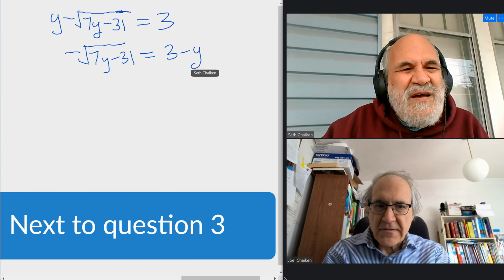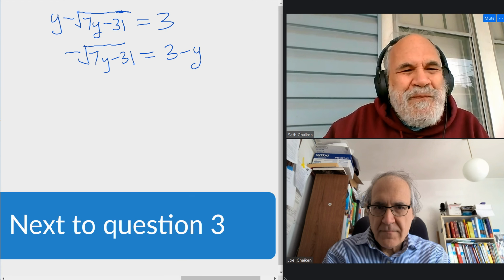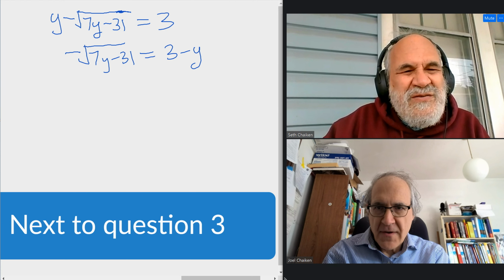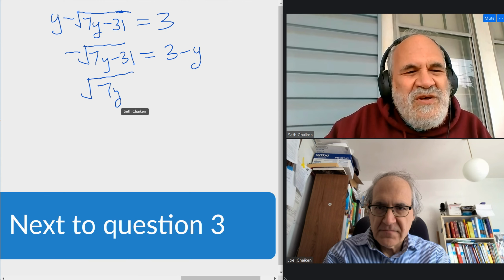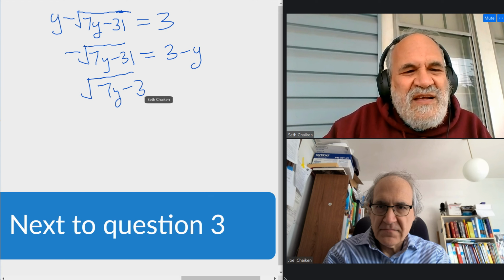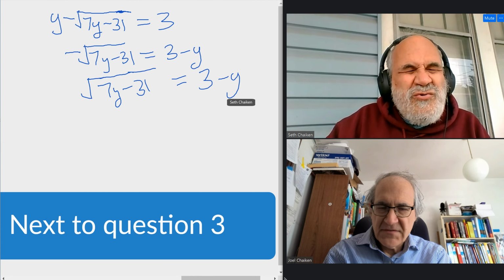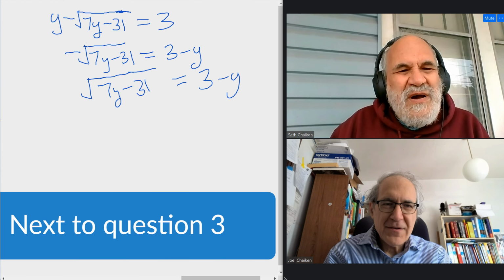Let's put the radical with a plus sign, so multiply both sides by minus 1. And we've transformed the equation into one that asserts that the square root of 7y minus 31 equals y minus 3.